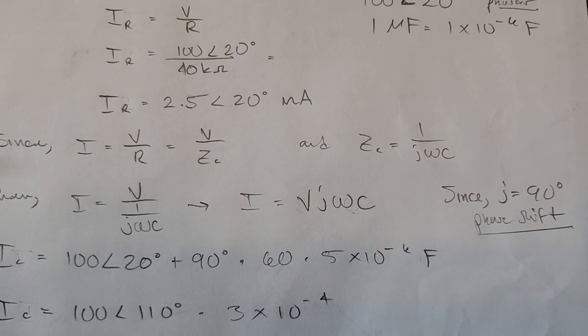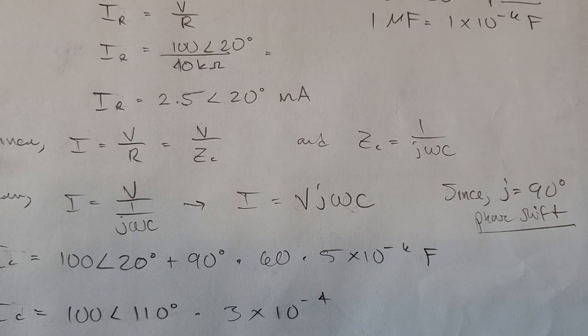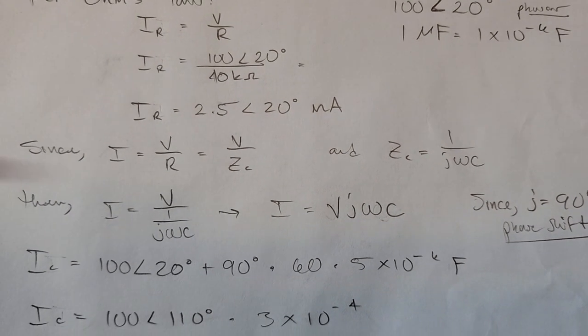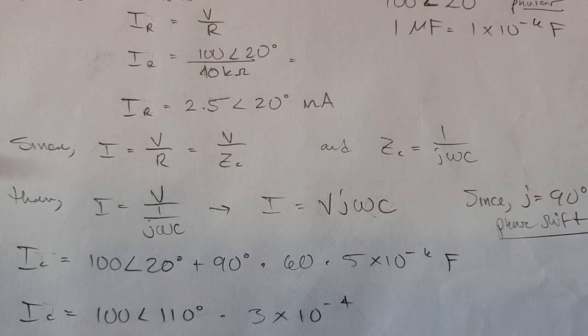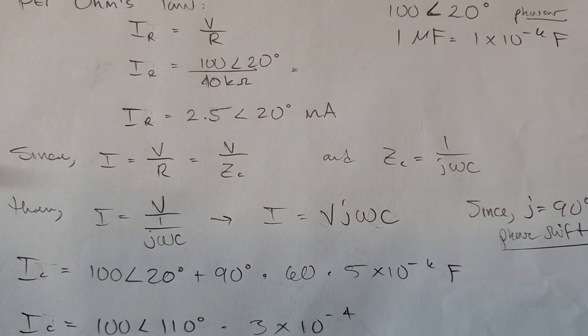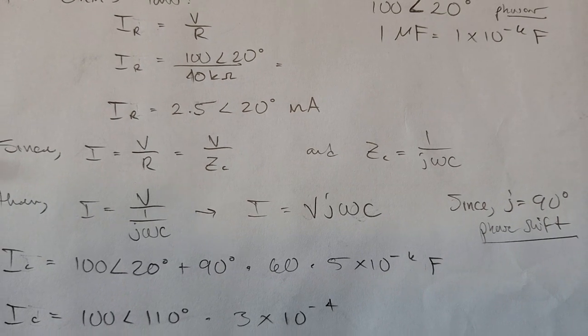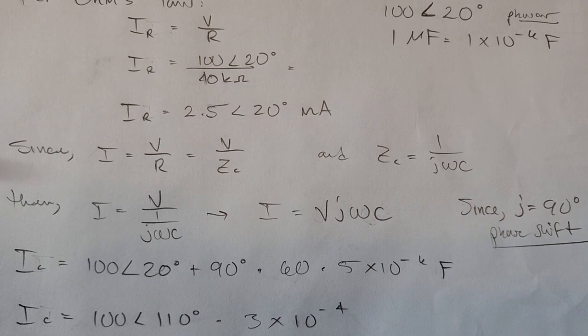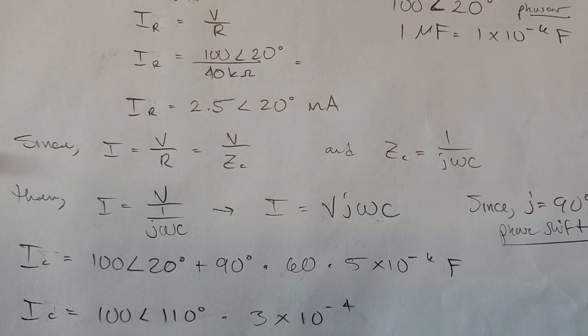And since the imaginary number j is equal to 90 degrees, and I was a little bit confused about that, but after a little bit of research, j equals 90 degrees, which can be added to my phasor.